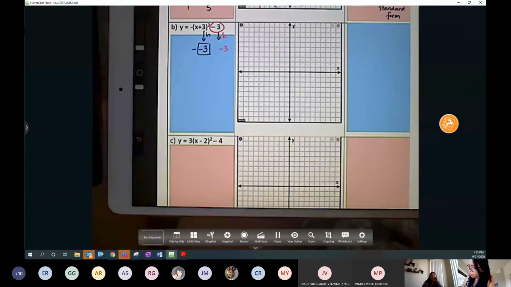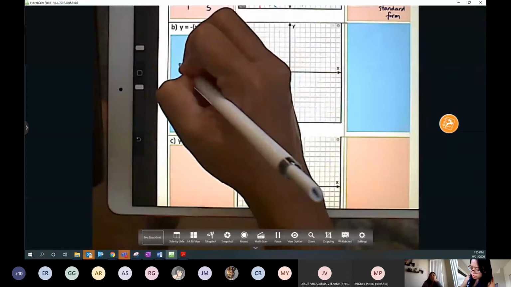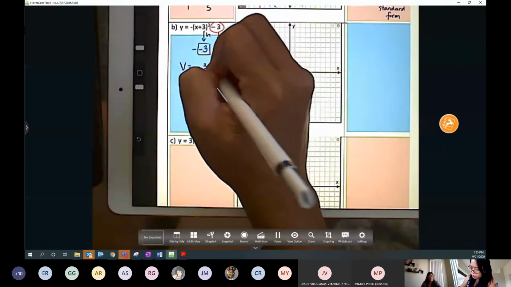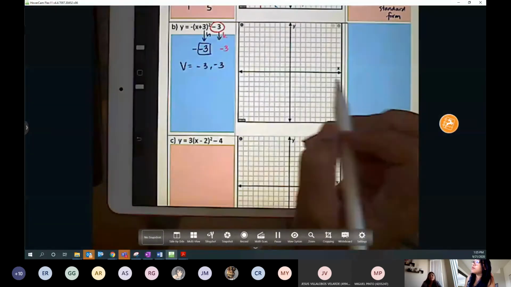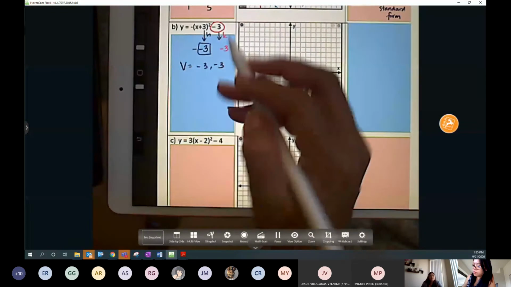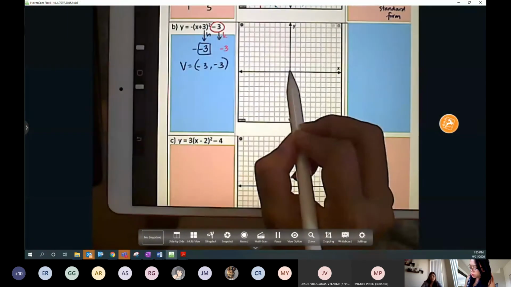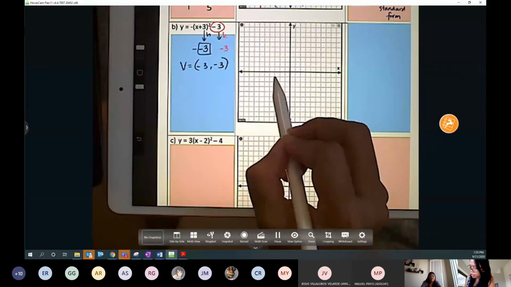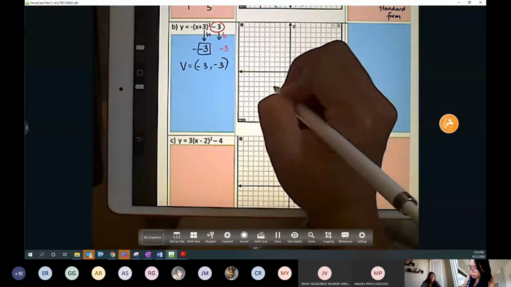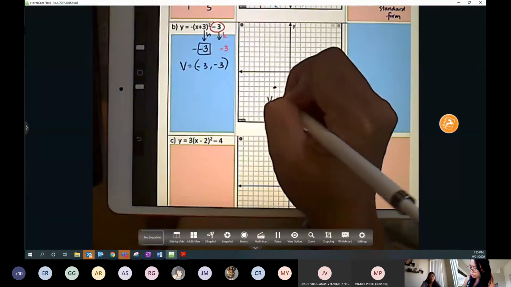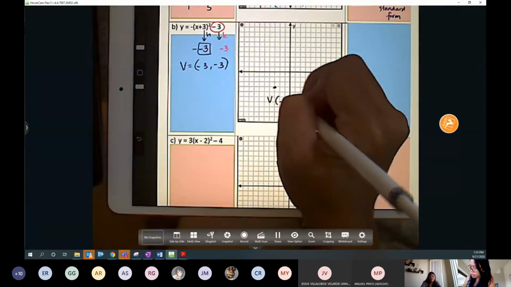Okay, so our vertex is -3, -3. Okay, so now it's going to the graph, -3, -3. From the middle, you go to the left 3, and then you go another 3 down, and you'll have the -3, -3.